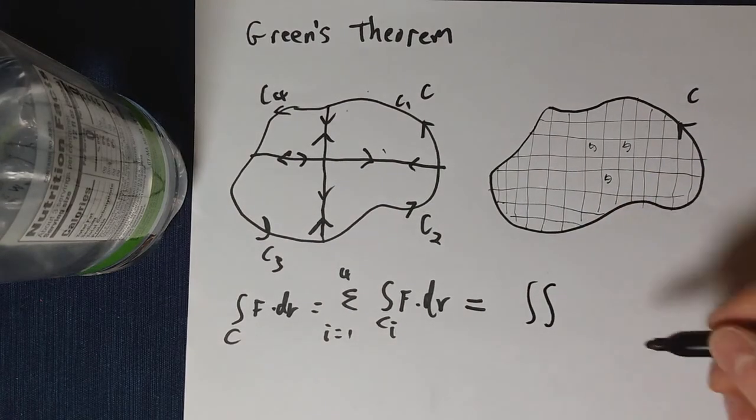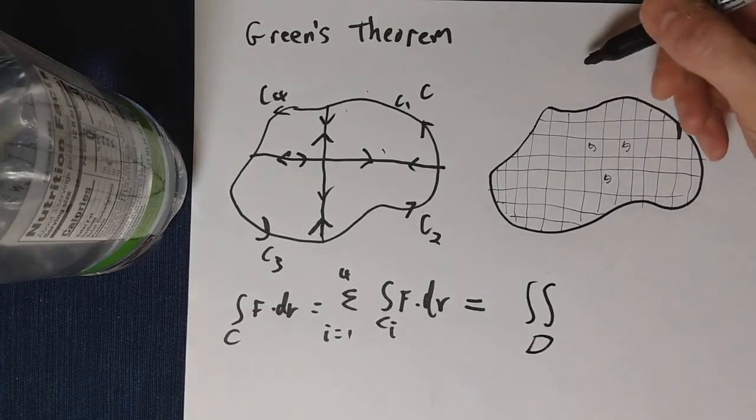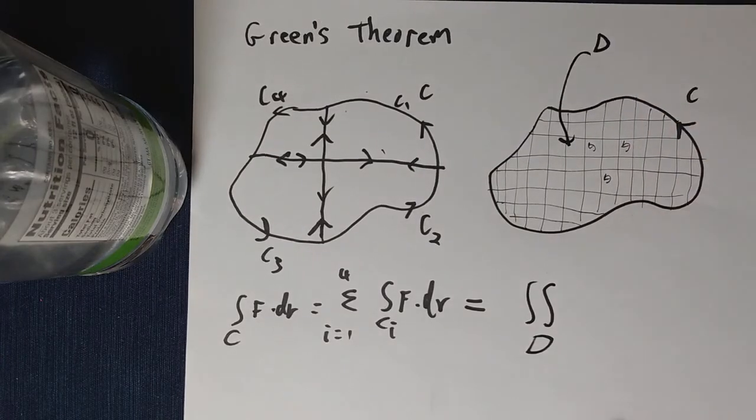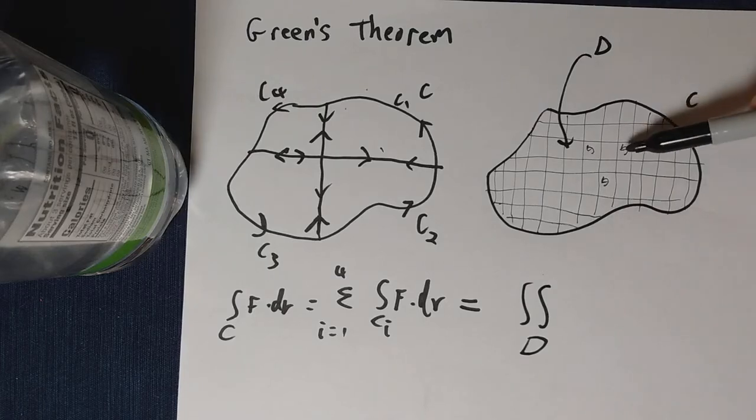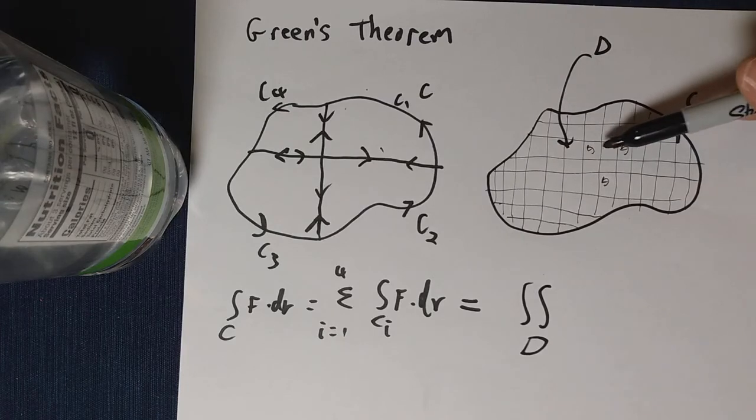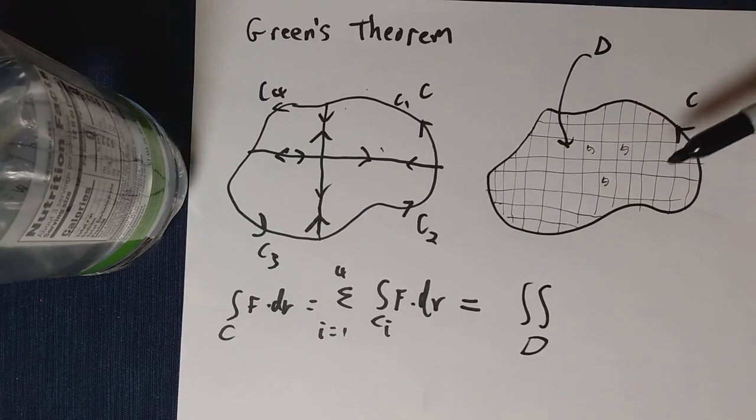So this will be the integral over the inner region D, D is the interior, of, well, what's being measured in these little spots. As these get tinier and tinier, they approach a pointwise function that describes the curl at every point.